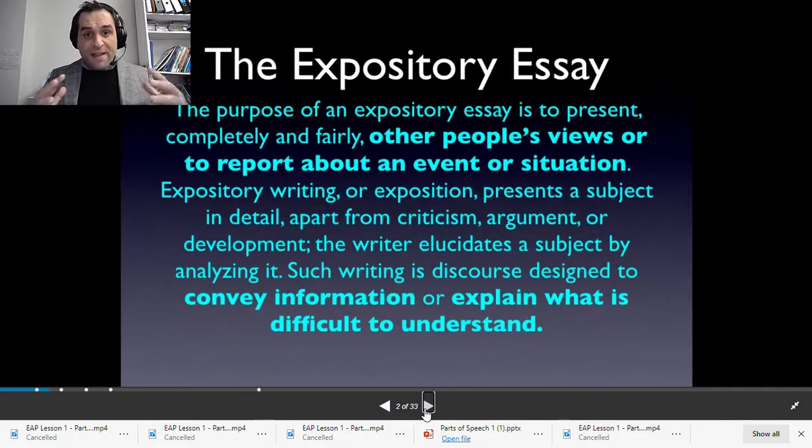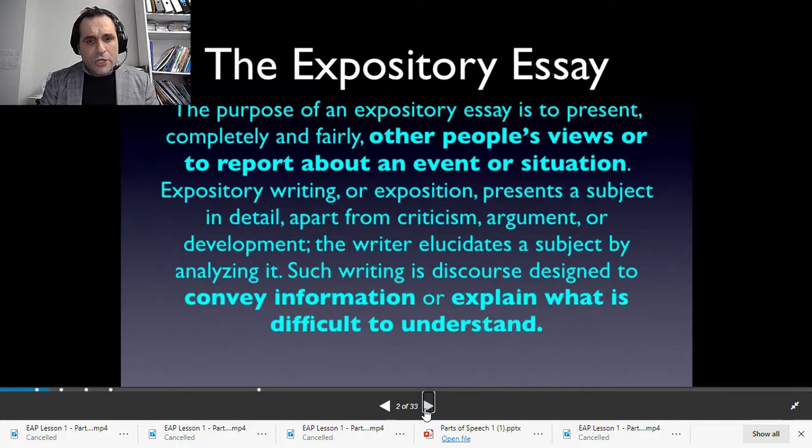F-A-I-R. You cannot be fair. You cannot be neutral. And you cannot be unbiased. You are biased. And if you are biased, you cannot write a good explanatory or expository essay. You have to learn to stick to the facts, not talk through your emotions.